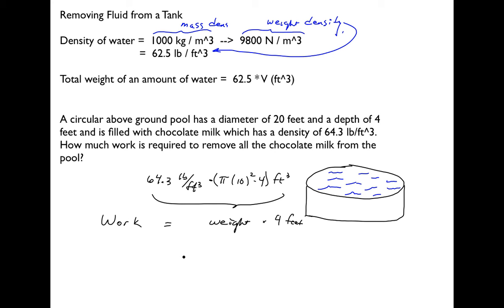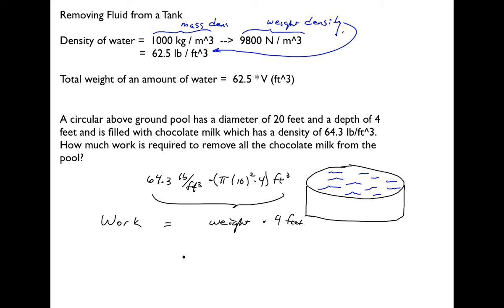I need a little time to think about exactly what it'd be, but we're going to integrate the feet from 0 to 4, once we find our function. Let's take a little change in depth, and then we can figure out how much the weight changes per little change. Okay. Other comments? You understand what they're saying?